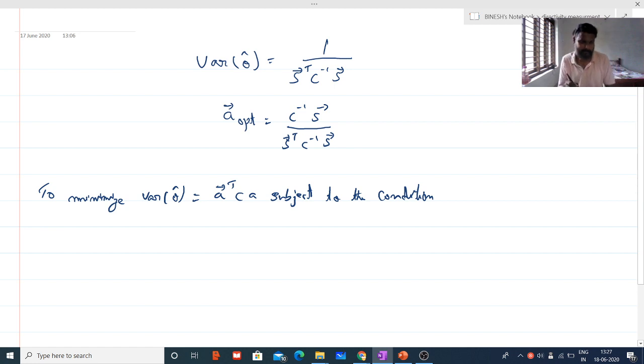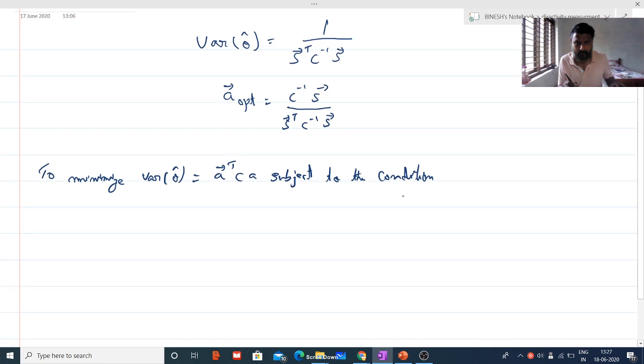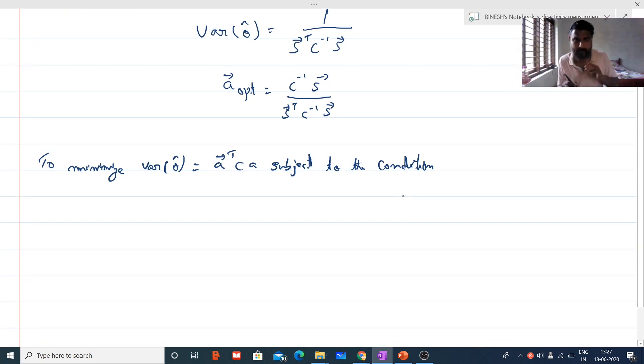That is why I have explained it separately. No need to write this. You can directly take the values of variance of theta cap and the optimum value of A. How this is obtained, only I am explaining here. No need to include this while deriving the equation for BLUE.